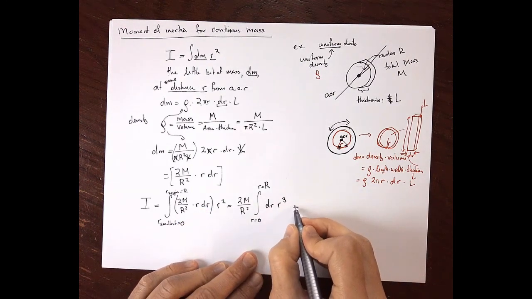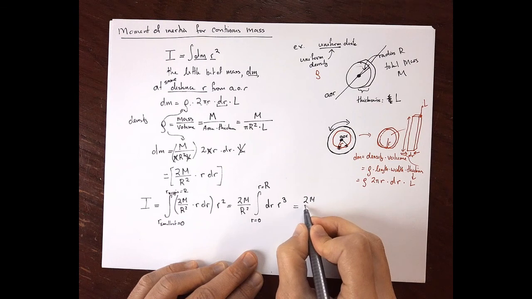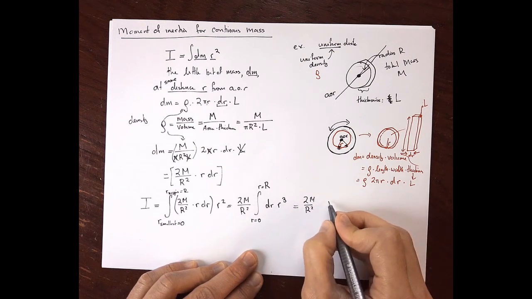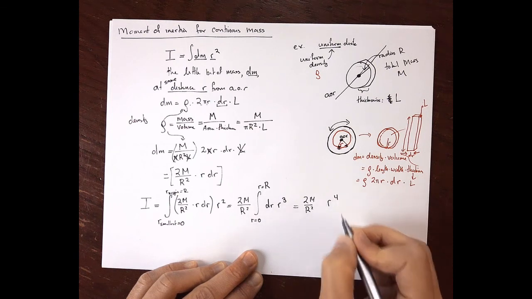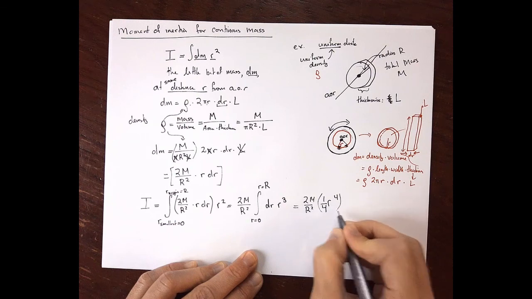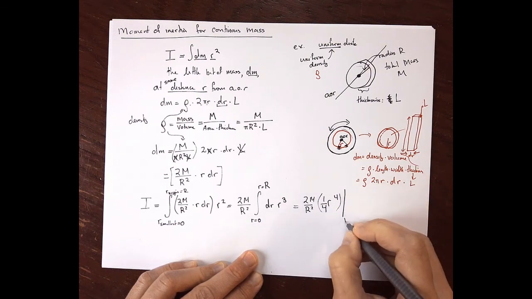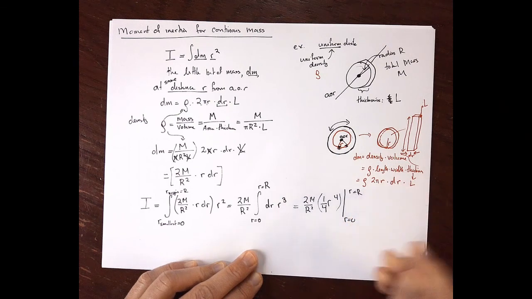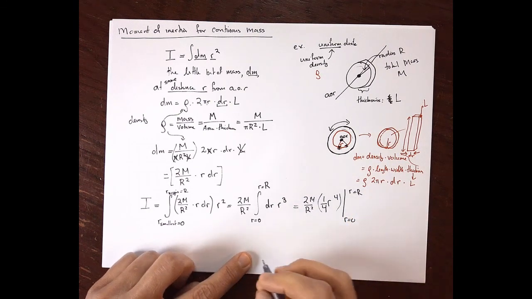And we can do that integration. It's a nice little power integration. So r to the third would become 1 more power, r to the fourth. We would divide by that power, and then we'd have to plug in our integration limits at little r equals 0, and at little r equals the big total radius.